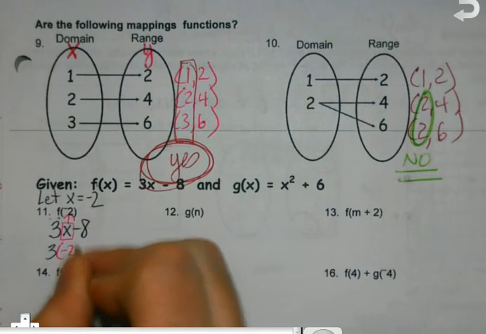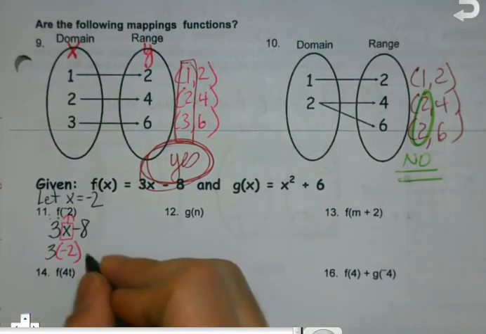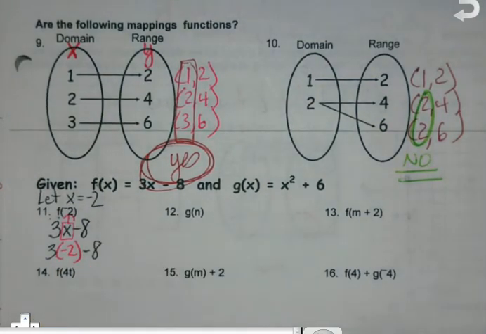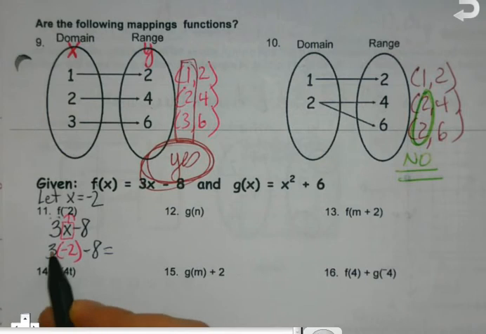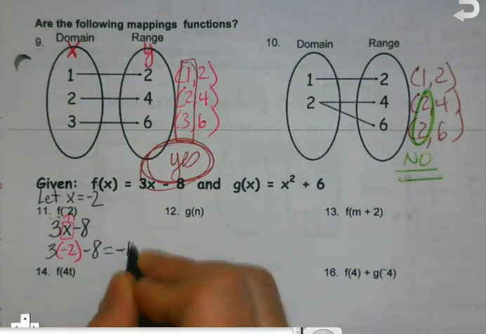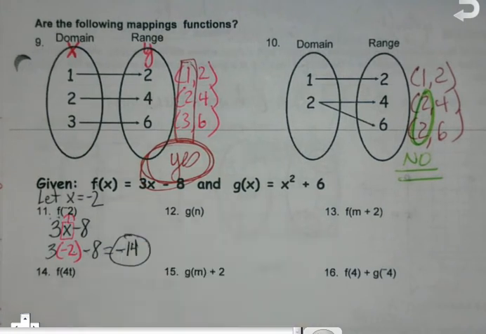So x gets taken out and replaced with the number inside. The f part we don't do anything with. We're just looking at the expression, and then 3 times 2 is -6 minus 8 gets me to my answer. Kind of weird, huh?